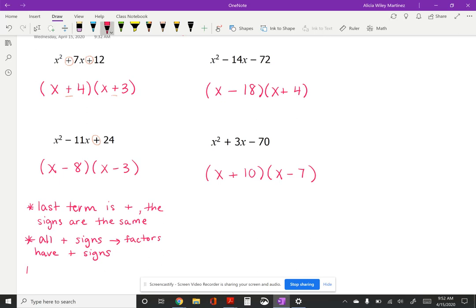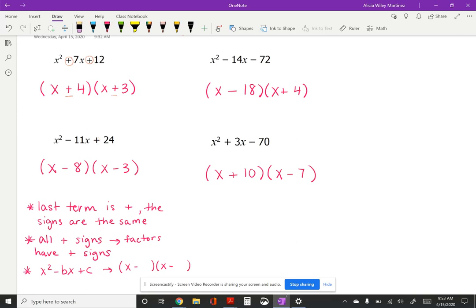If you have something in the form of x squared minus bx plus c, then you know it's going to be something where both of the parentheses have a minus sign. Okay, so just some patterns that you will see there.